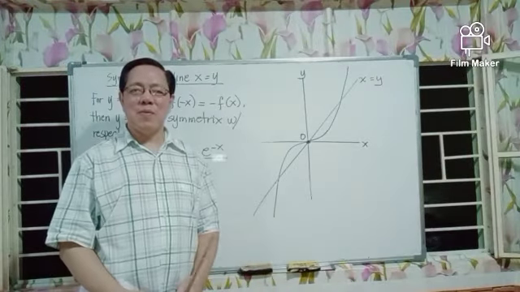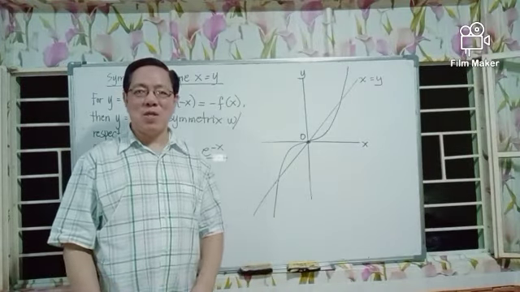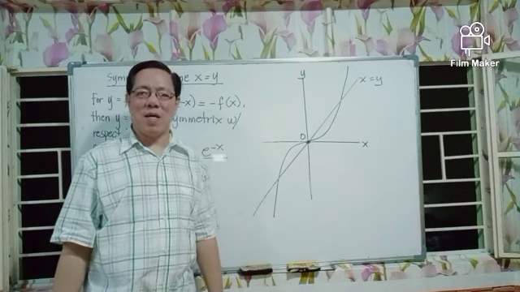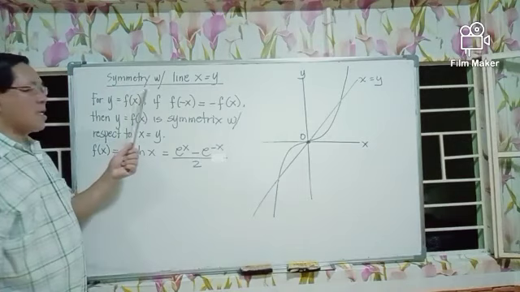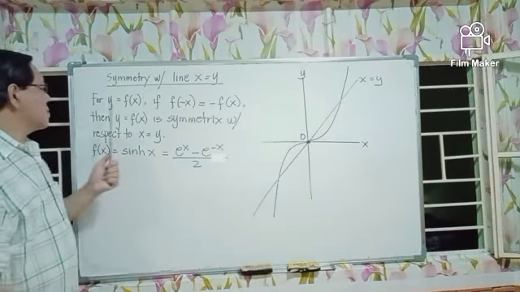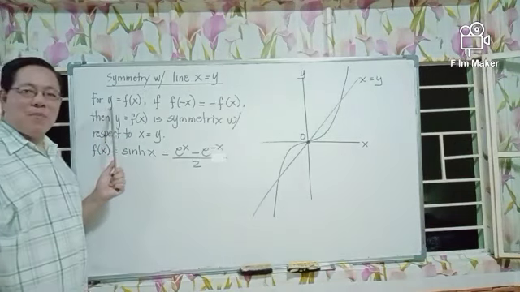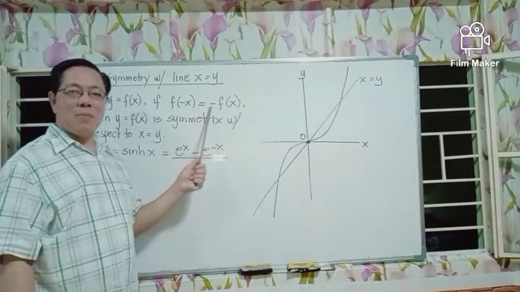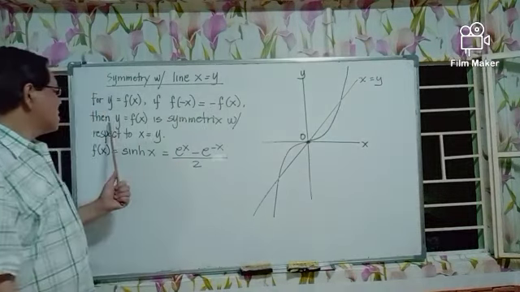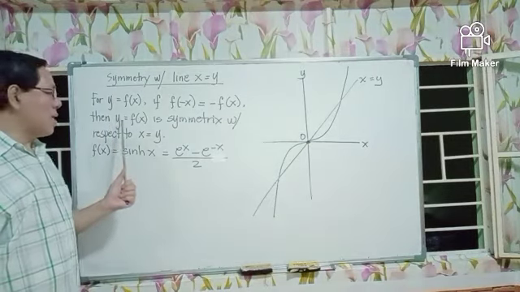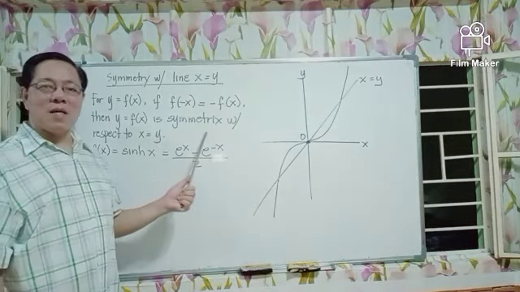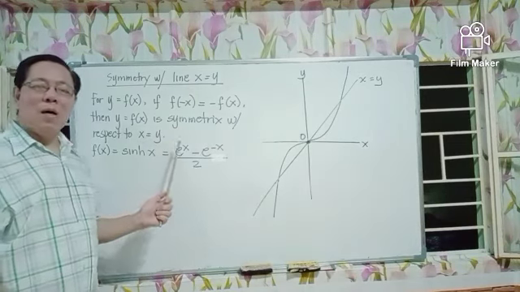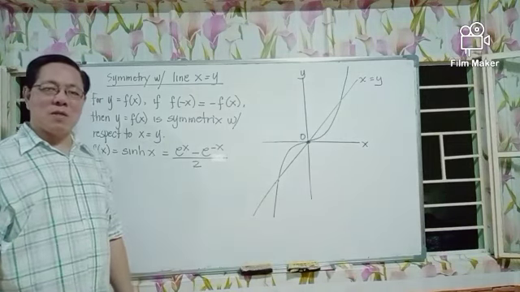We first define or give the condition for symmetry with respect to the line x equals y. For y equals f of x, if f of minus x equals negative of f of x, then the graph of the function y equals f of x is symmetric with respect to the line x equals y, or x minus y equals 0.